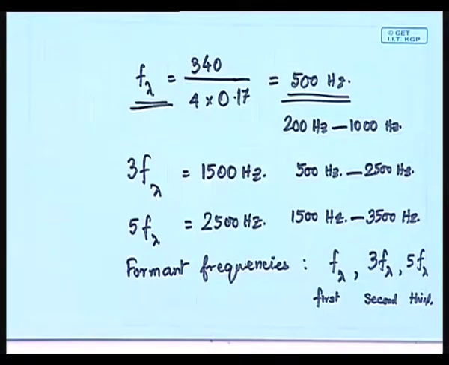So, generally the 4th formant frequency is never audible. In fact, it varies from person to person. For some people, it is only the first and the second formant frequencies which are very dominant. For some people, it may be the first formant frequency which is dominant, and the other formant frequencies are relatively lesser in amplitude.